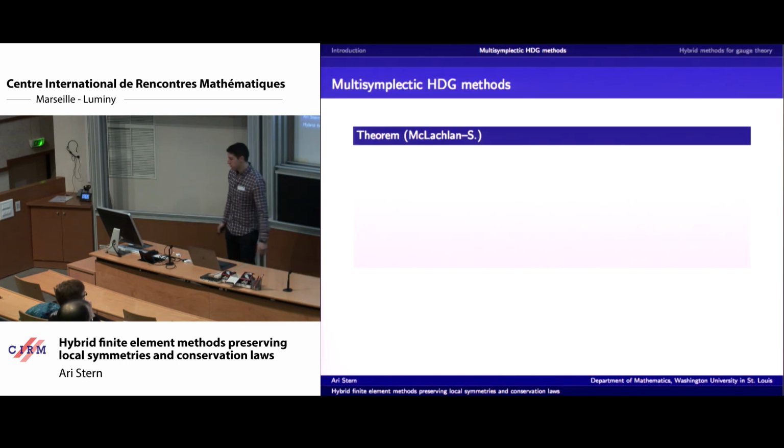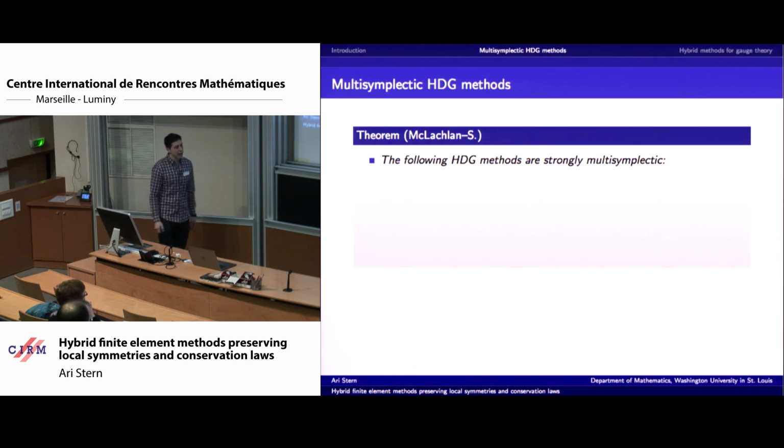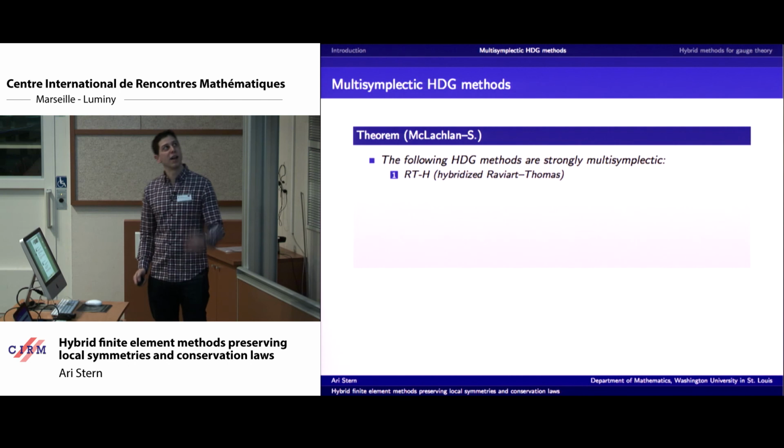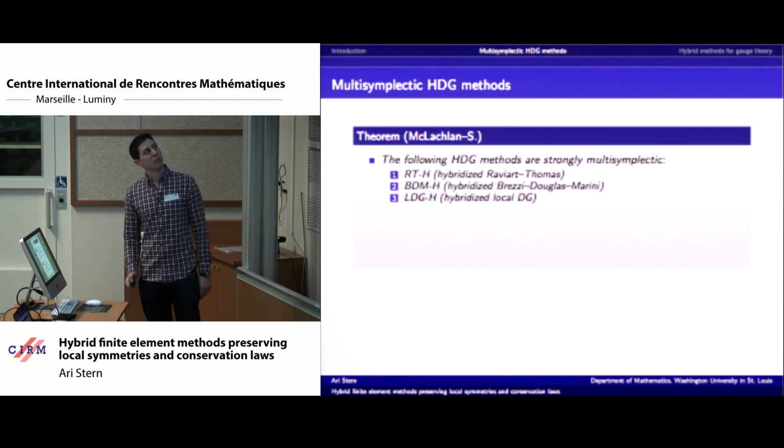Right? And then the main theorem is that the following HDG methods are strongly multisymplectic. It's basically almost all of the ones in this paper of Cockburn, Gopalakrishnan, and Lazarov. All right, so the Raviart-Thomas method written in hybrid form, Brezzi-Douglas-Marini, local DG.